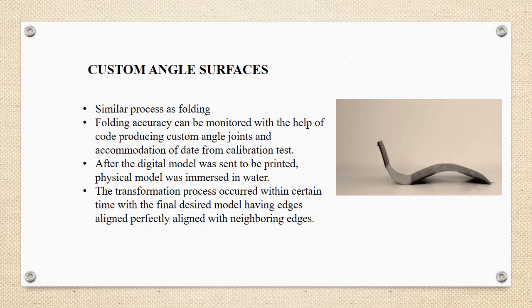Custom angle surfaces. Similar process as folding. Folding occurring can be monitored with the help of codes, producing custom angles and accommodating data from calibration. After the digital model was sent to be printed, the physical model was immersed in water.